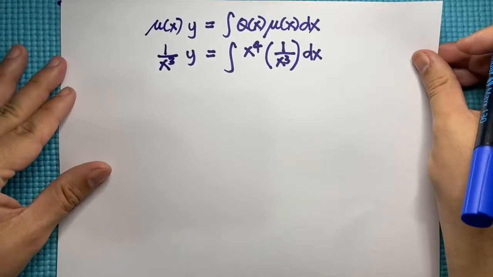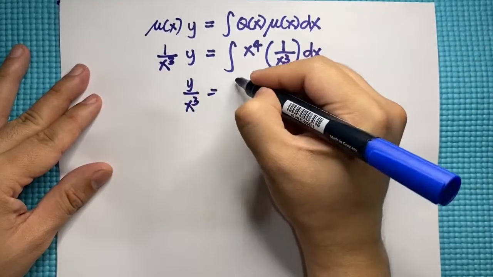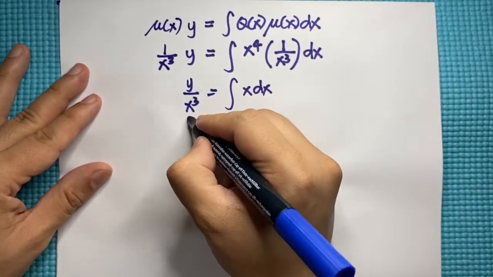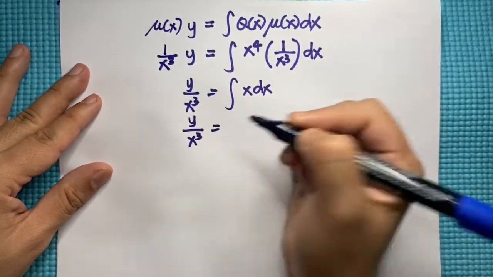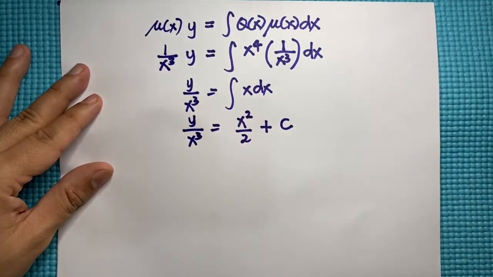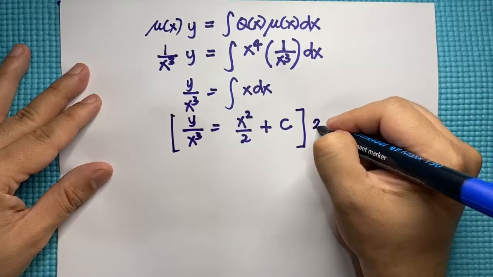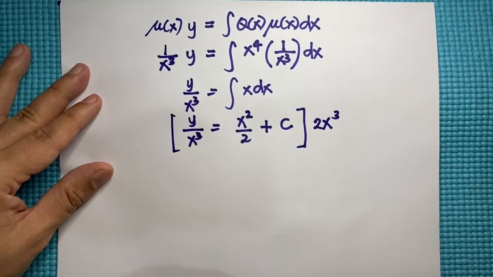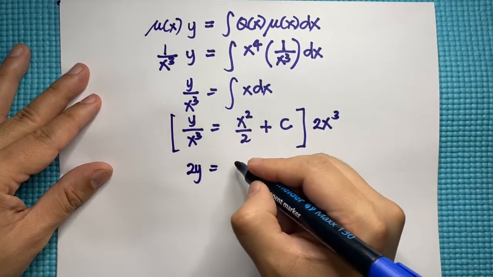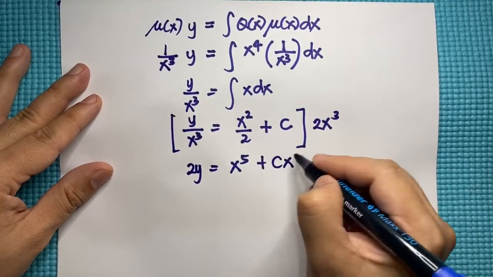Solving this further, this would give us y over x cubed, and that is equal to the integral of x dx, or y over x cubed would be equal to x squared all over 2 plus c. Simplifying further our general solution, by multiplying by 2x cubed, that will give us 2y, and that is equal to x to the 5th plus c x cubed.